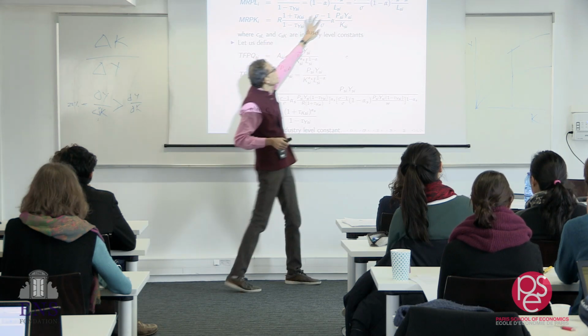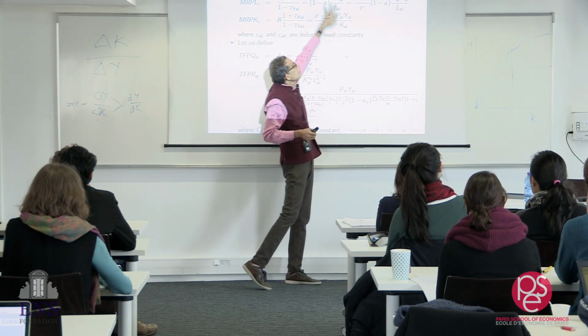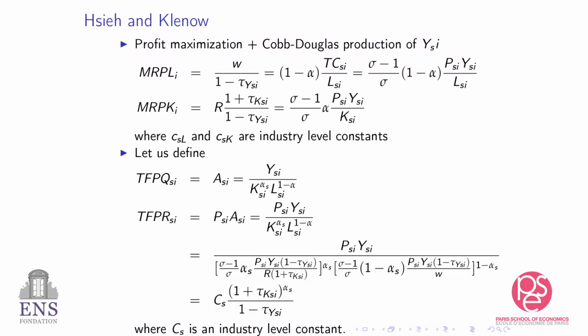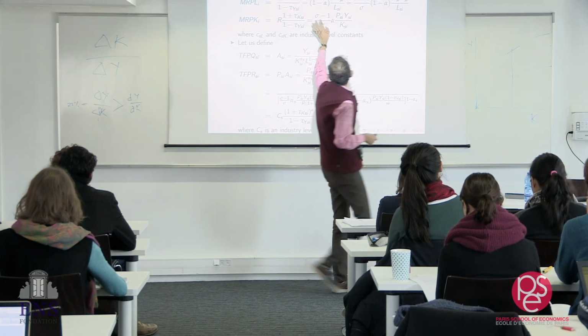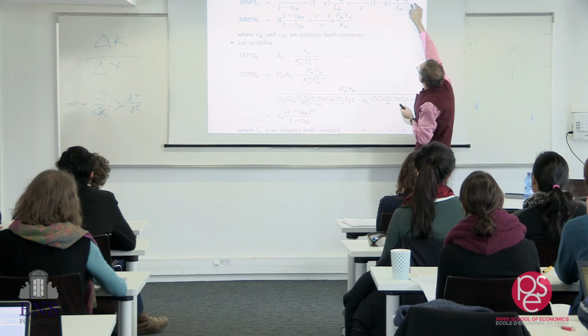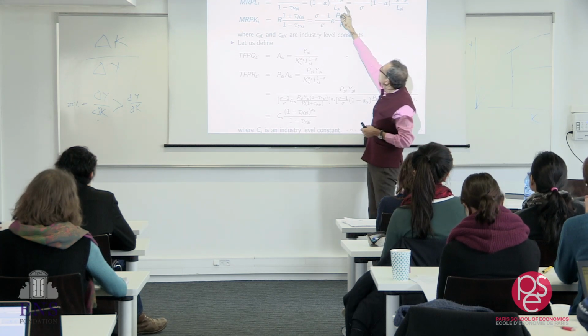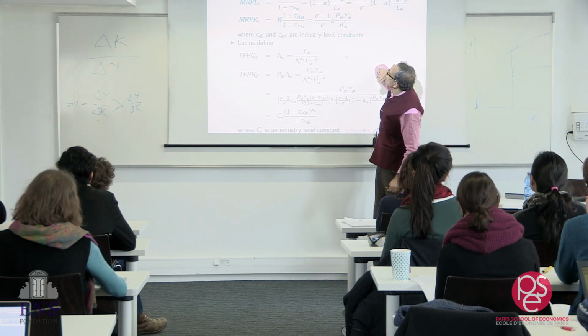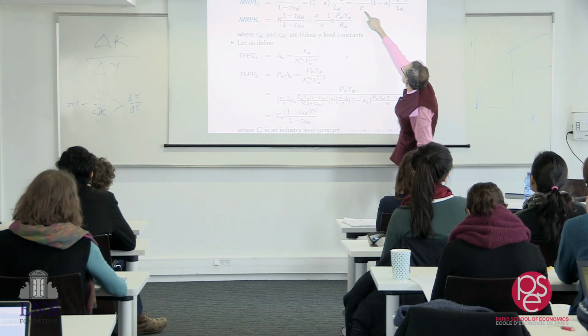This is the average product, the average cost. So what you have as a result is that you can write the marginal product as, so we made two assumptions. One is the Cobb-Douglas, and the other is this piece.